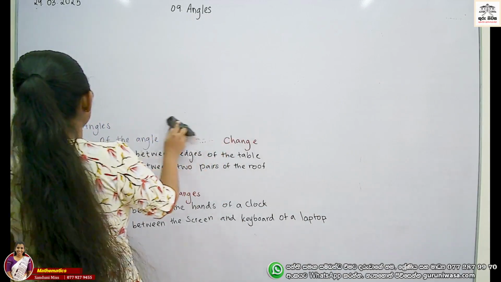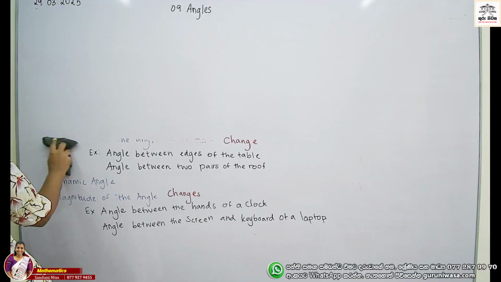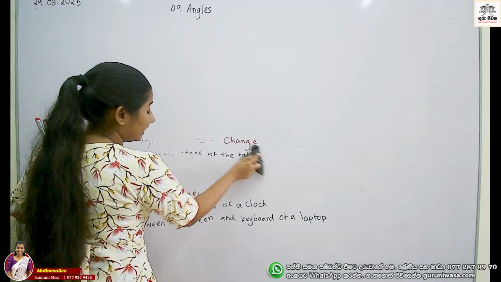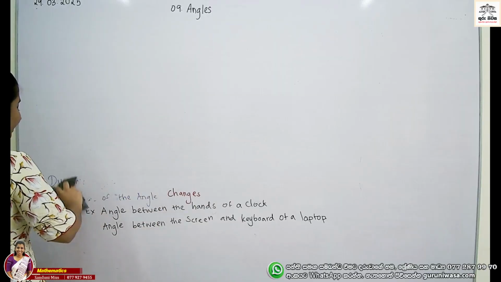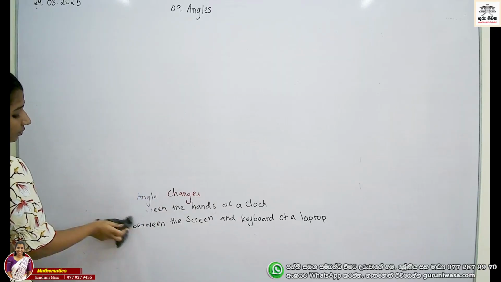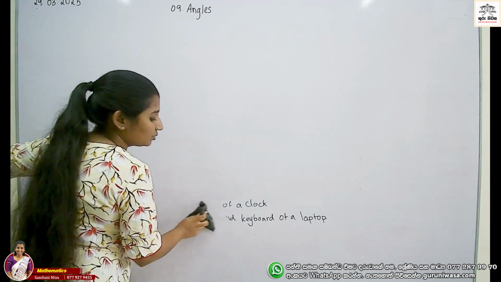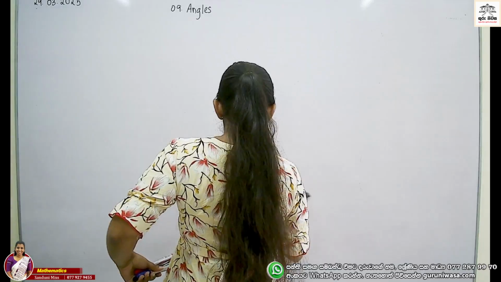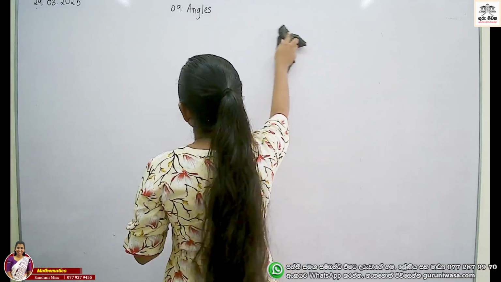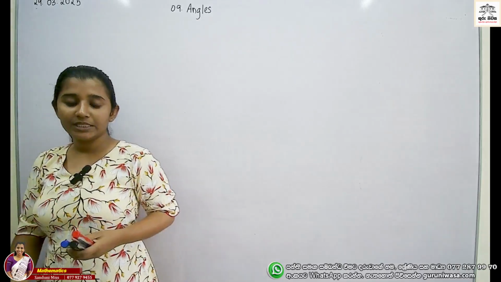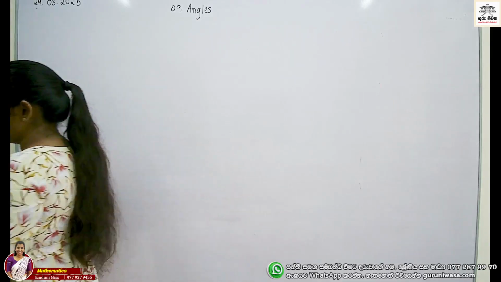First of all, we have to learn how to name an angle. This is an angle, but we should know how to name it. You have to tell someone, this is the angle. So how do you tell it?